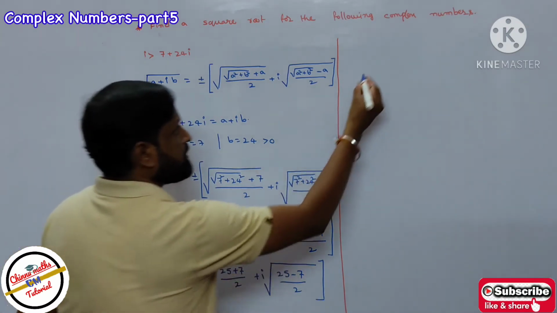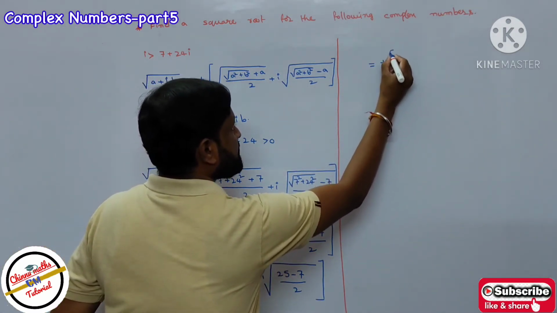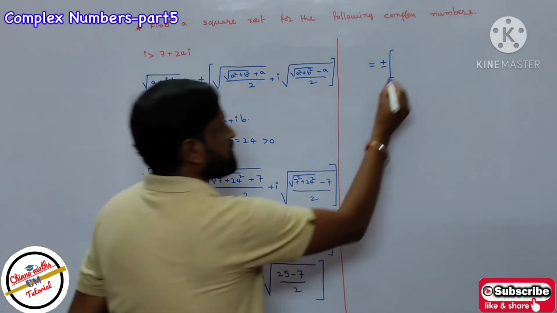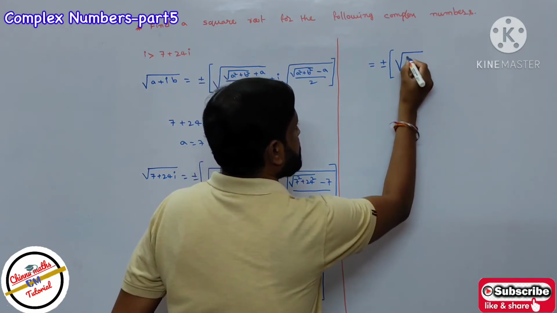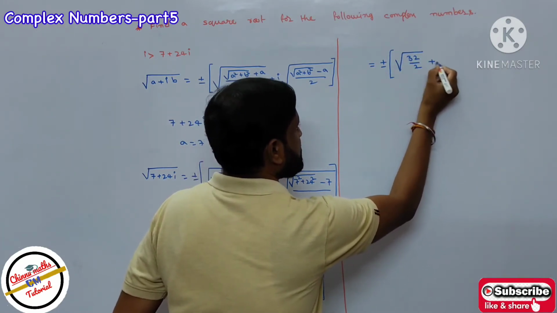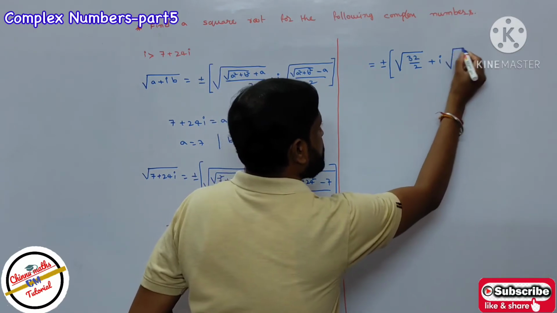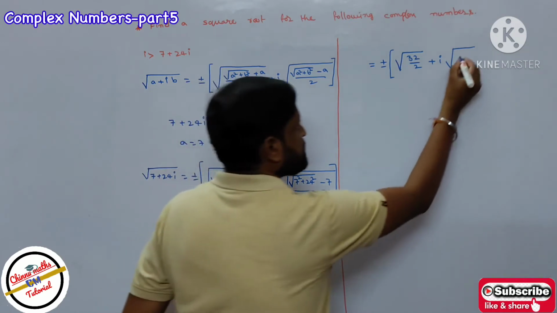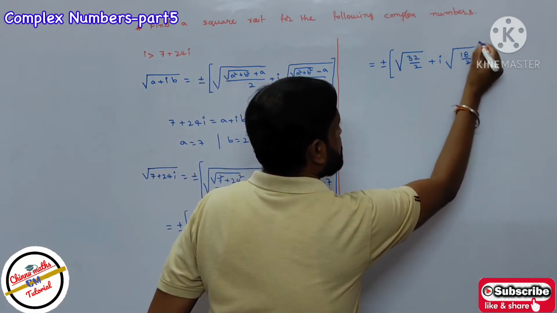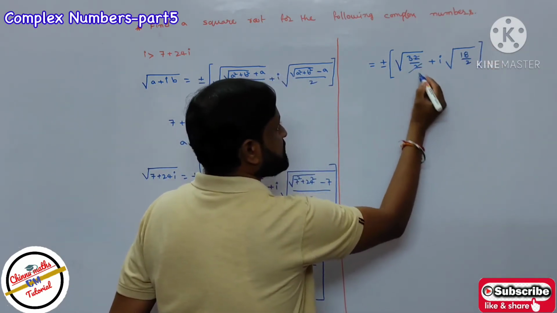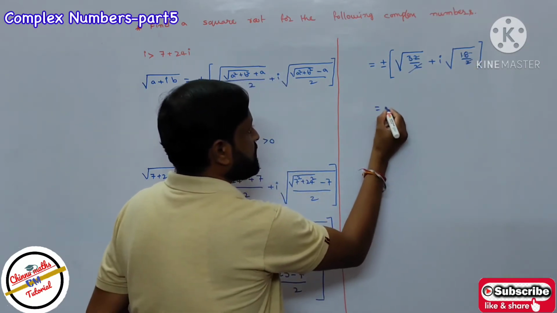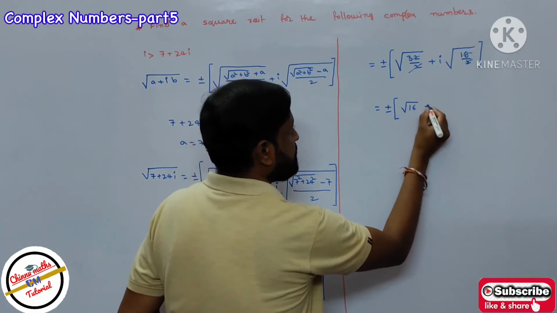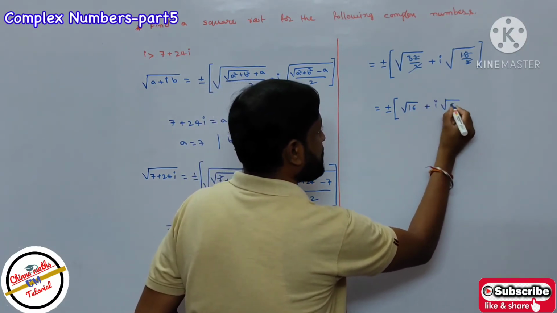Next it is equal to plus or minus square root of 25 plus 7 equal to 32, by 2, plus i into square root of 25 minus 7 equal to 18, by 2. So 2 ones are 2, 2 sixteens are 32, 2 ones are 2, 2 nines are 18. So plus or minus root of 16 plus i into square root of 9.